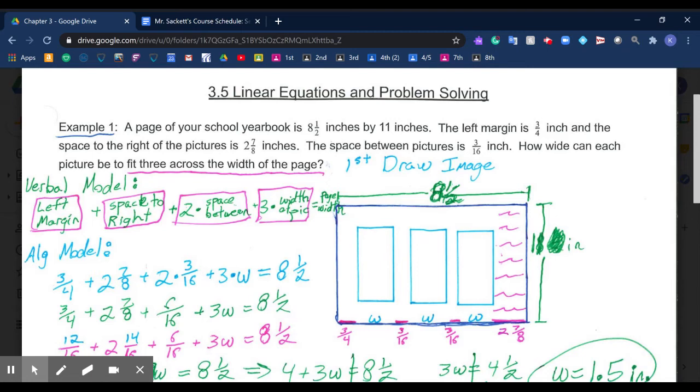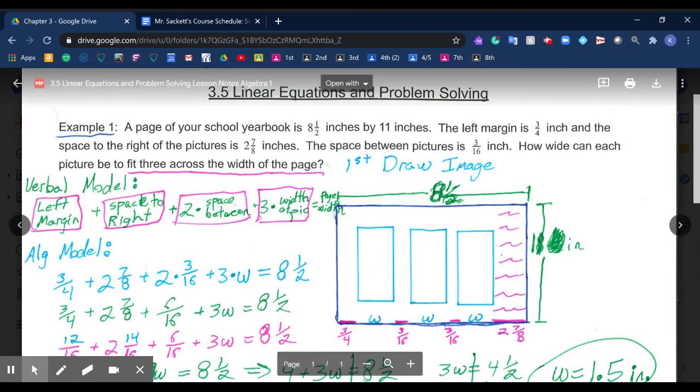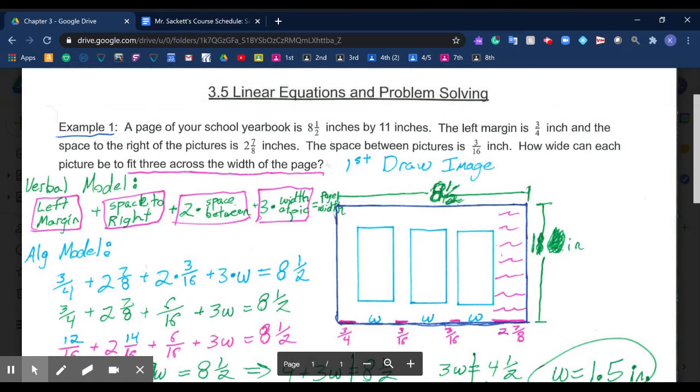Drawing my diagram, I have my 3/4 margin, my 2 7/8 margin, my three pictures with their unknown widths. I went with the letter W for width, and then the 3/16 of an inch in between each picture.